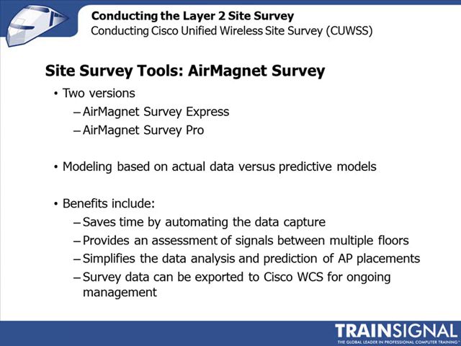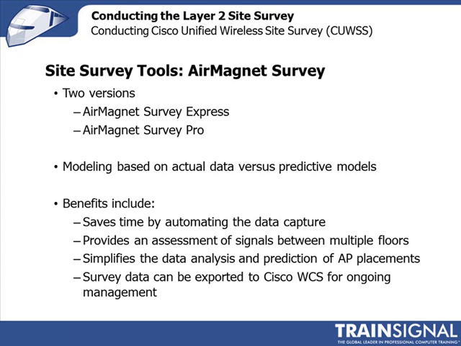Now with this tool, you can go out and actually take measurements which are then captured on your site map, and that improves the ability for you to create an accurate model of your RF environment. Now there are a number of benefits, of course, by going out and automating the capture of your site measurements.